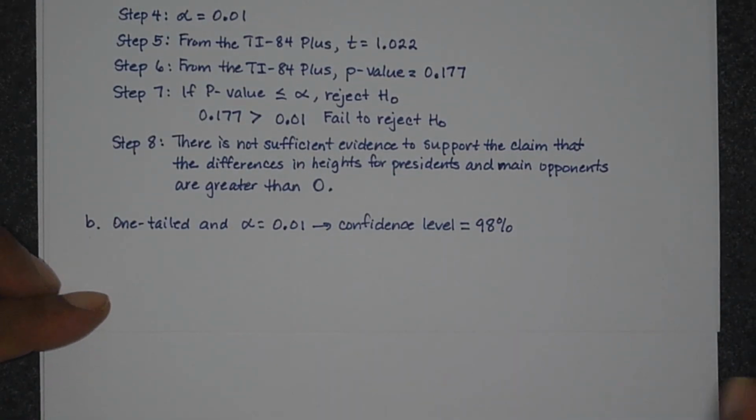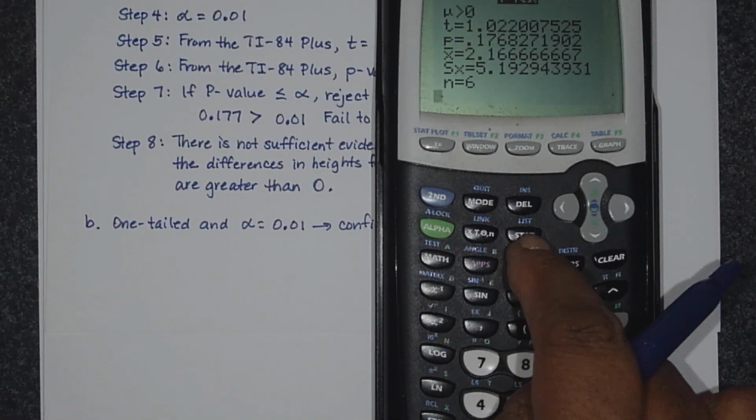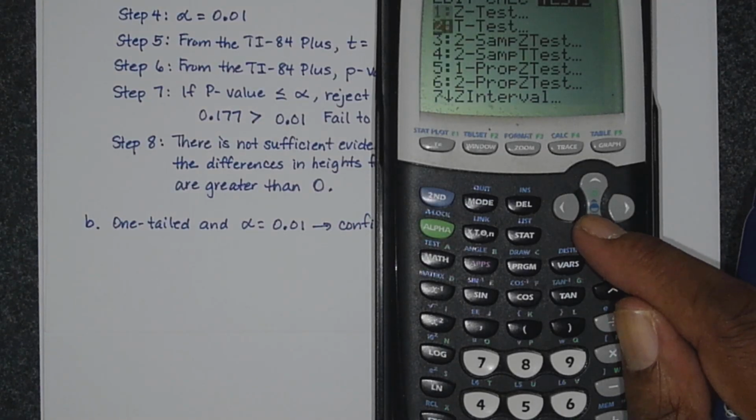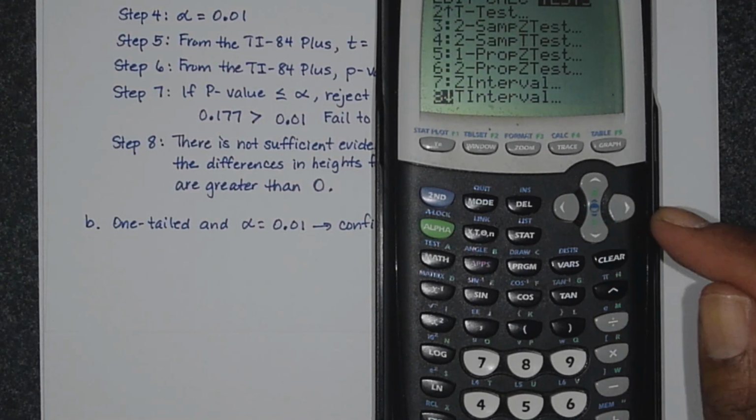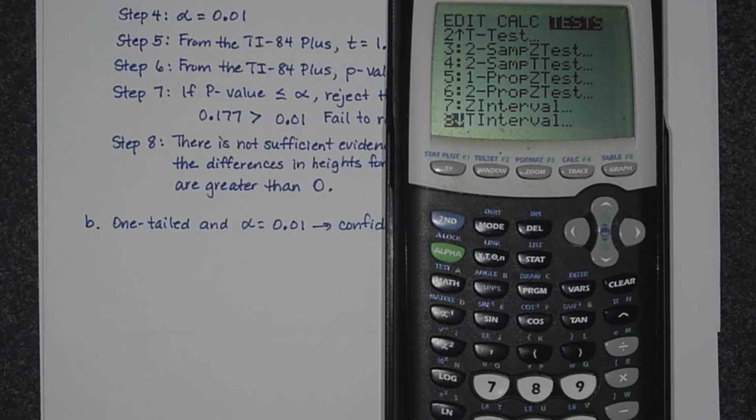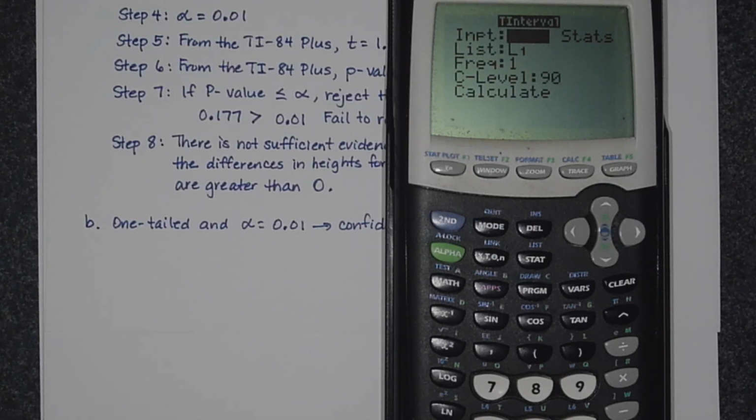Okay. So that means here we go to stat, go to test. Now here we're dealing with the T interval. So we need to go down to T interval, which is this right here. Select that, press enter.